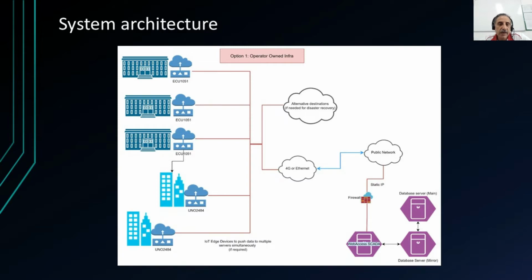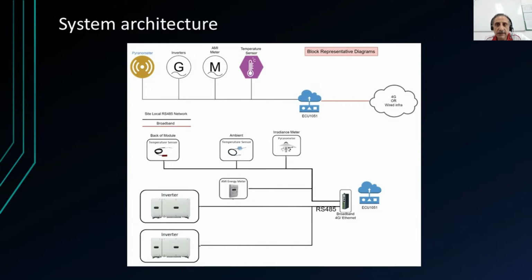The ECUs and the UNO SRPs send the data to the backend systems, as has been indicated, to our WebAccess/SCADA, which then does the processing of the data, historization of the data, and on top of it, we supply our algorithms to do the data analytics.